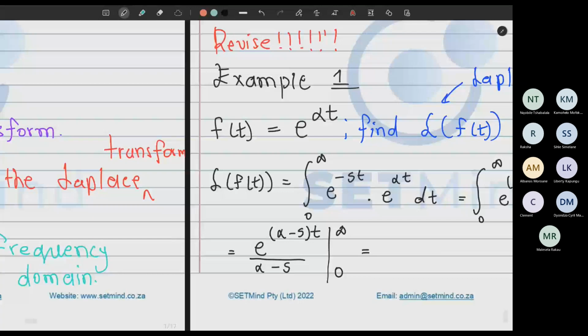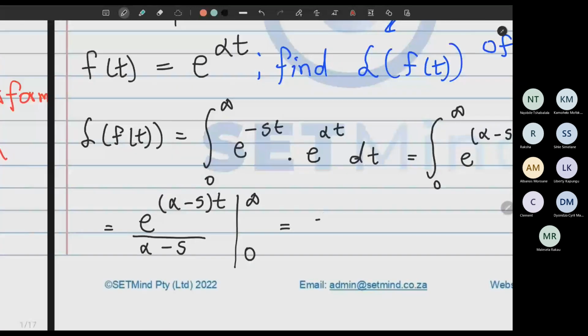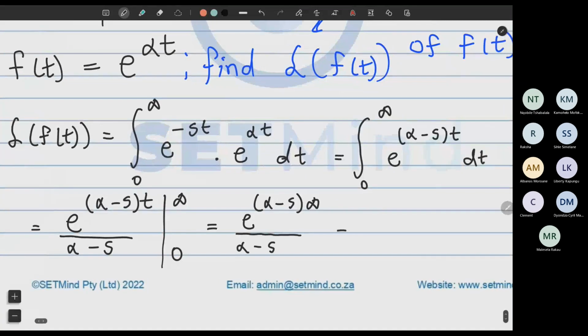So you write your whole e to the power of (alpha minus s), and then t outside, over alpha minus s, and then minus, now you write the lower limit, it will be e to the power of (alpha minus s) and then 0 outside, and then alpha minus s. Okay, this is what you are saying.